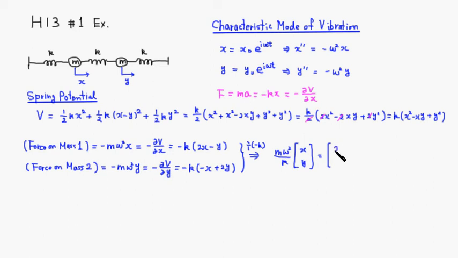So you have a 2, negative 1, negative 1, and 2. Then you have a variable x and y, right? And you should convince yourself that this matrix equation is exactly the same as this pair of equations here.